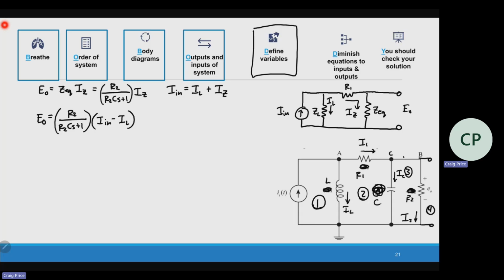And this is where we probably need another KVL. So I have the current splitting here. IL, we could say, is basically the voltage across the inductor divided by its impedance, but that might be a little bit confusing. Let's look at this loop, I'll call it loop 2. So KVL of loop 2.